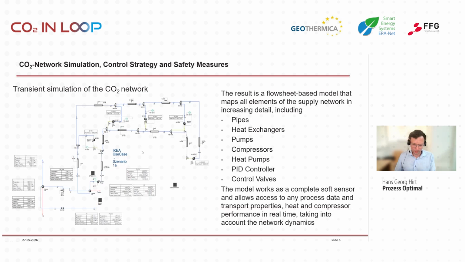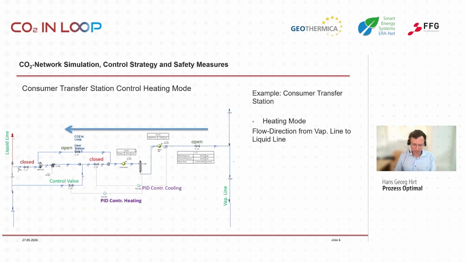So it's not only the simplified approach of a heat exchanger connected vapor to liquid, but it's also an approach where we can say, okay, with one user station, you can heat and cool at the same time, and you only want to pump liquid CO2.